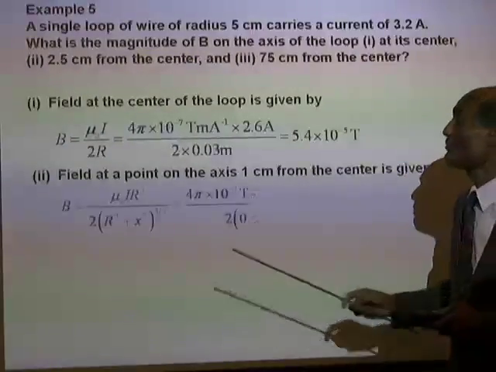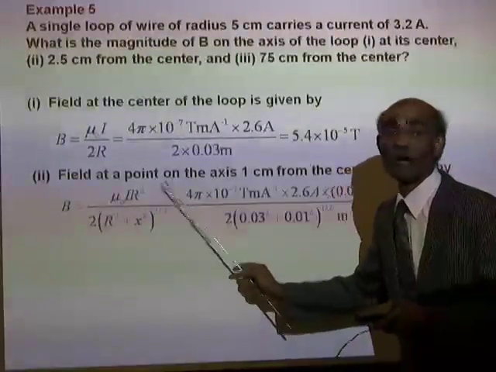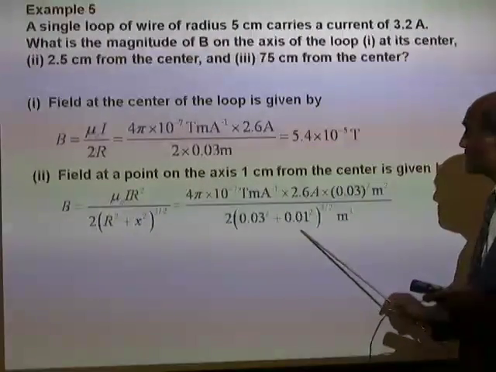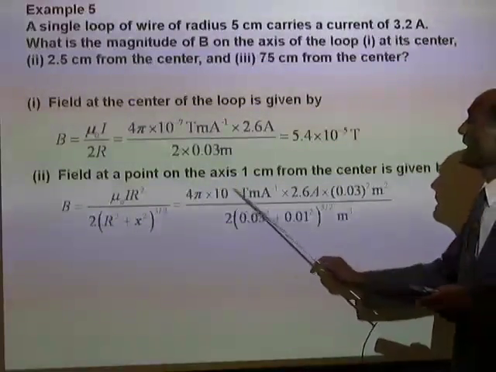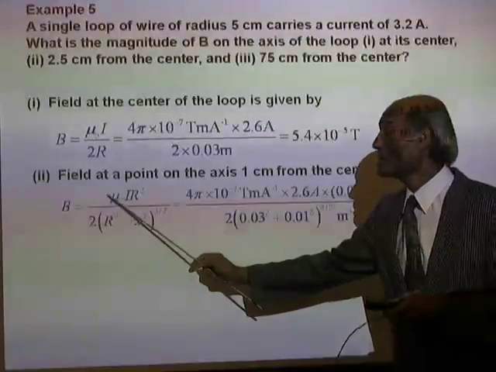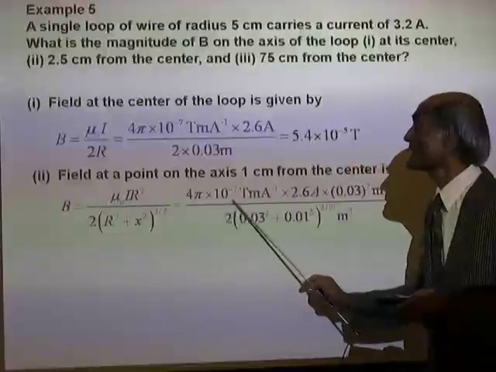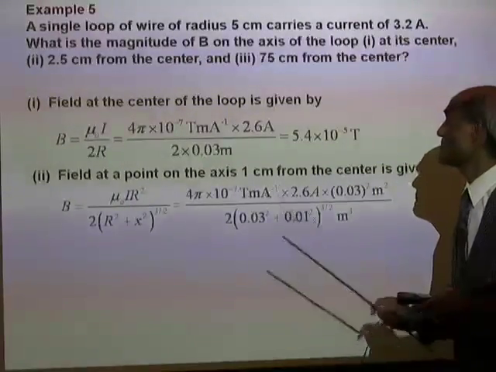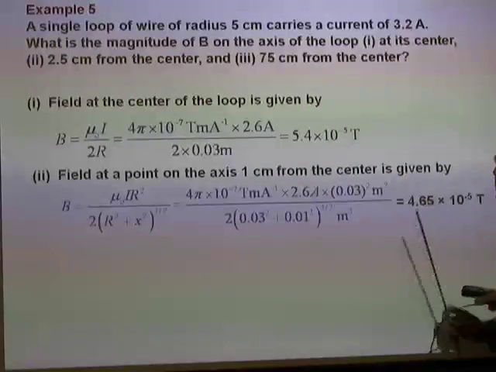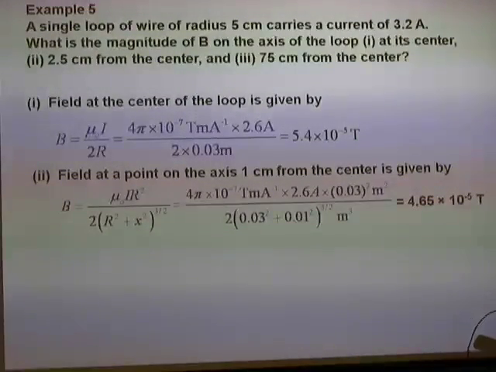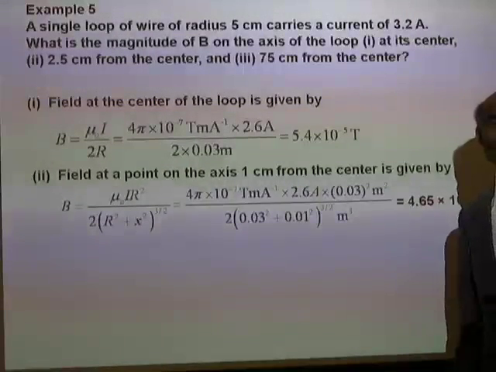We use the exact formula, where we know the radius, x equal to 1 centimeter, which is 0.01 meter, and substitute all the given values, knowing that mu 0 is 4 pi times 10 to the negative 7 Tesla meter per ampere, and that gives you the magnetic field at that point, 4.65 times 10 to the negative 5 Tesla.